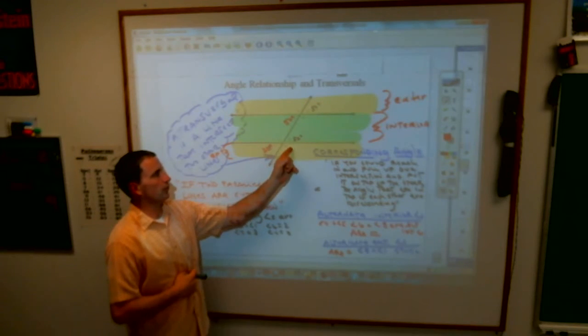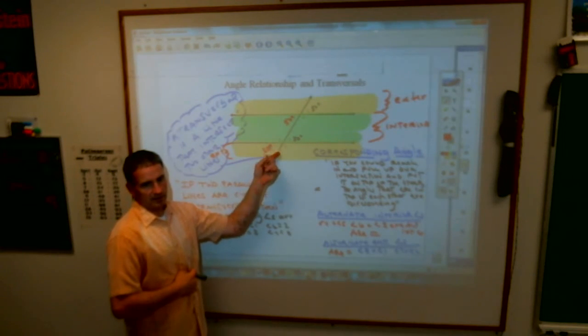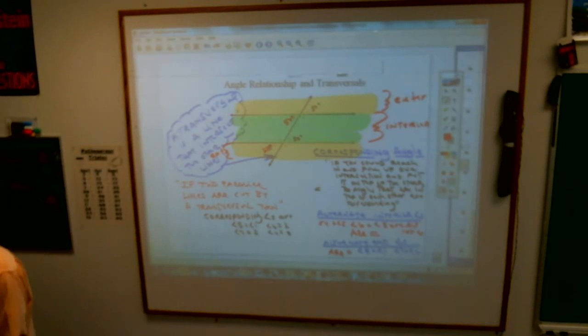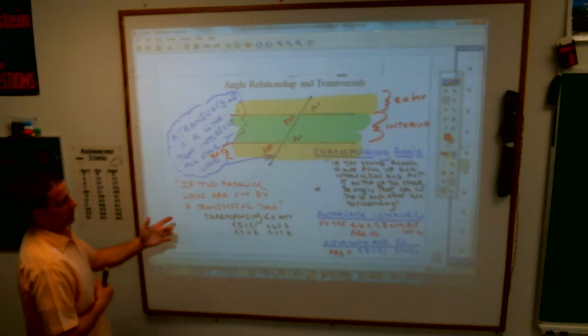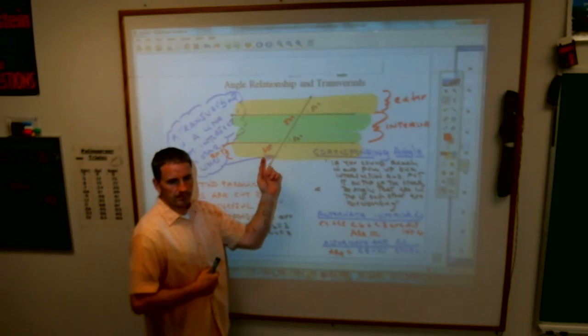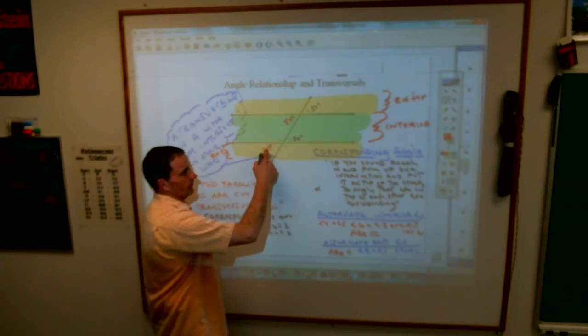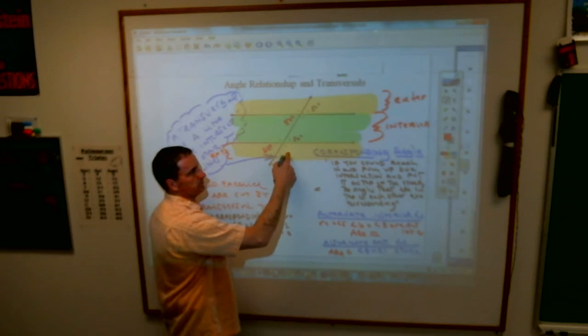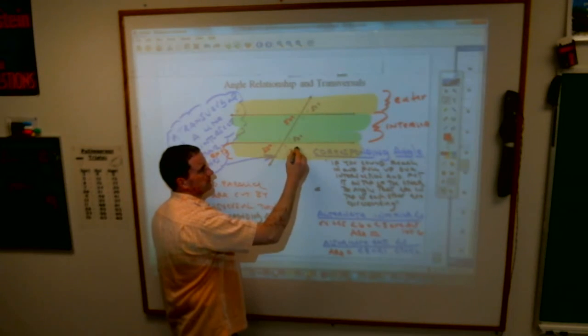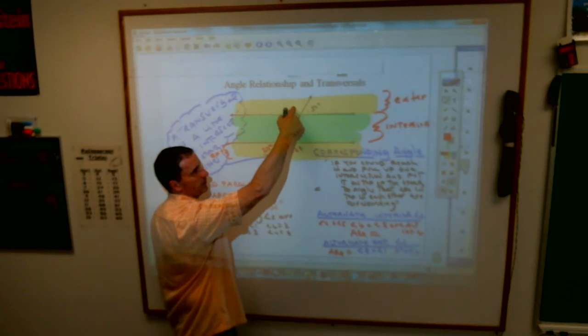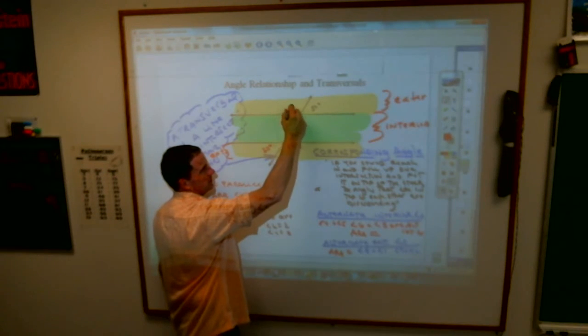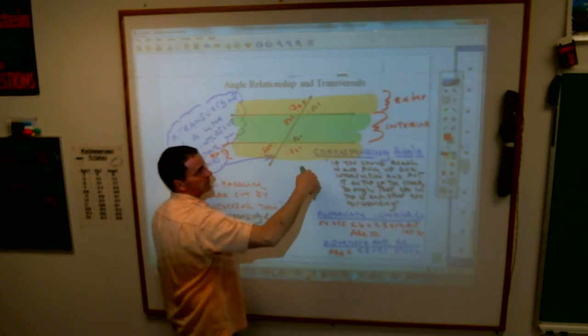If these two angles form a straight line, how many degrees are in a straight line? 180. So if this is 50 degrees here, angle 8 has to be 130.